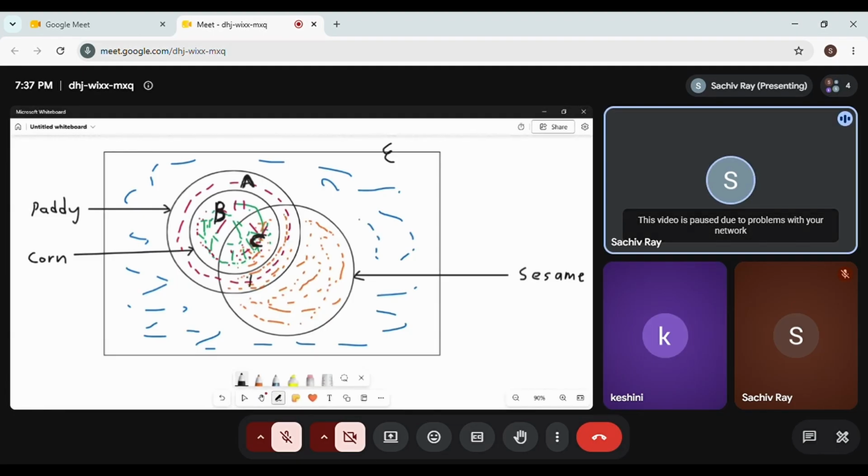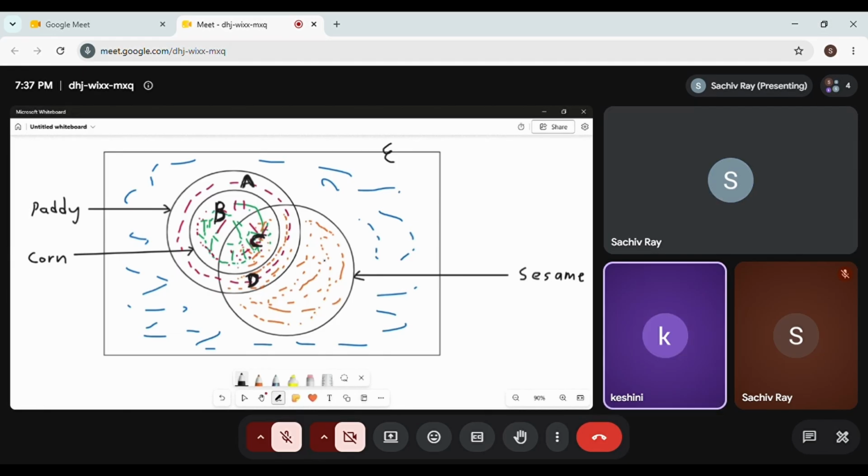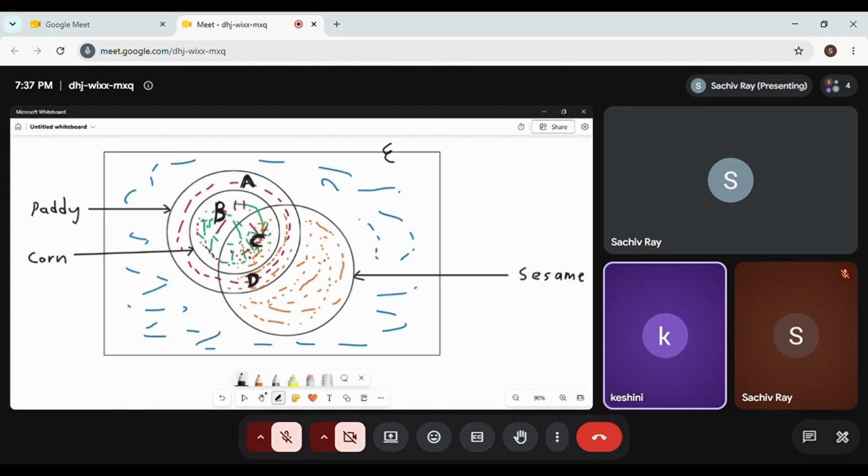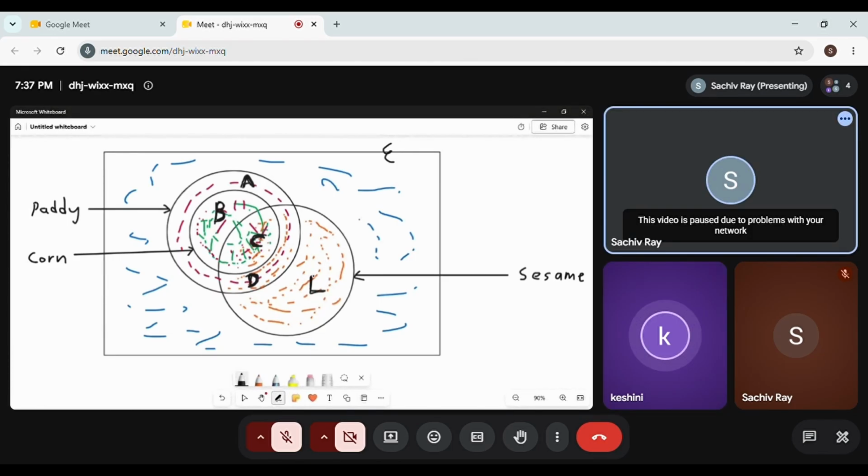And mark D over here, right? Only sesame, orange. Pink and orange, right? Yes, sir. Okay. What about E? Farmers who cultivate only sesame. Orange part only, right?